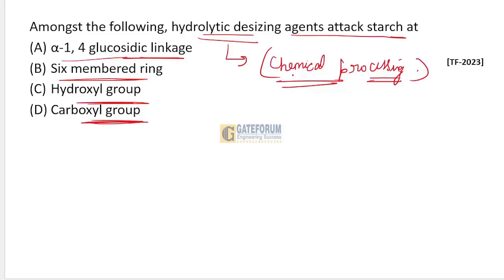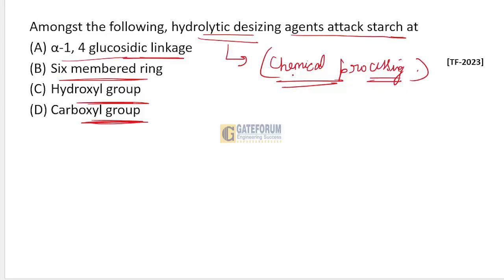You need to be totally aware of which type of chemicals are used, what is the pH of that particular process, what is the temperature, and what is the ml ratio of the components used. These types of questions are very much asked depending upon the current scenario of the GATE examination, so you need to prepare accordingly.